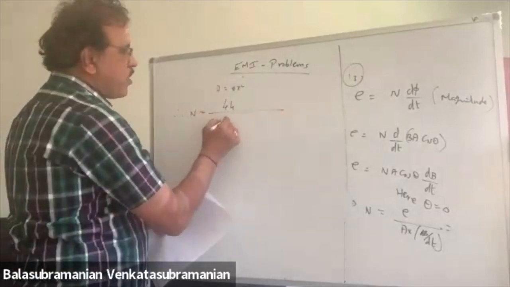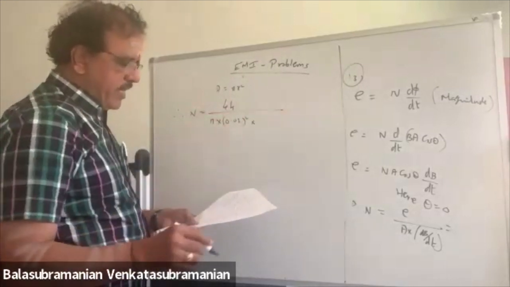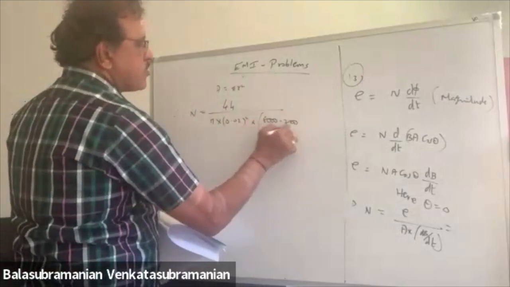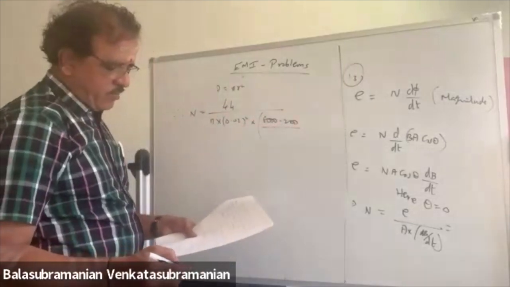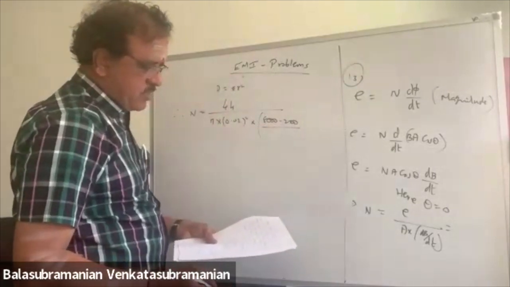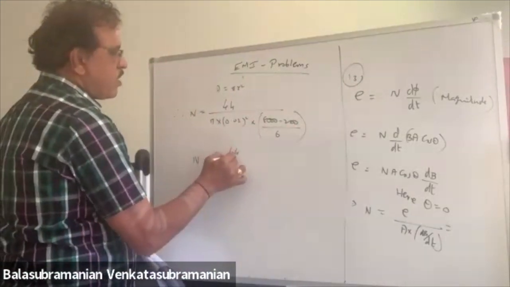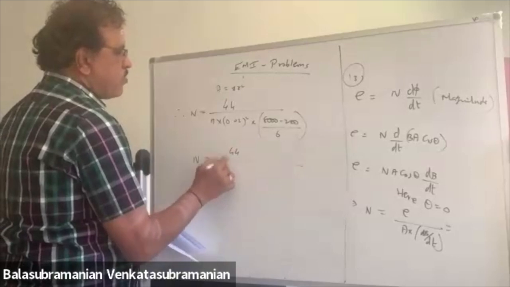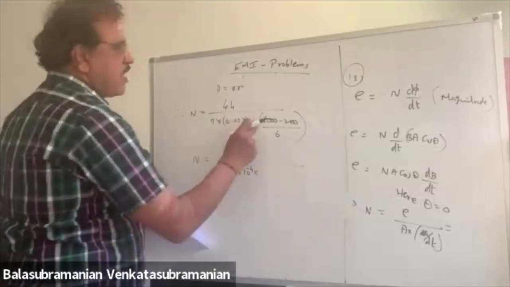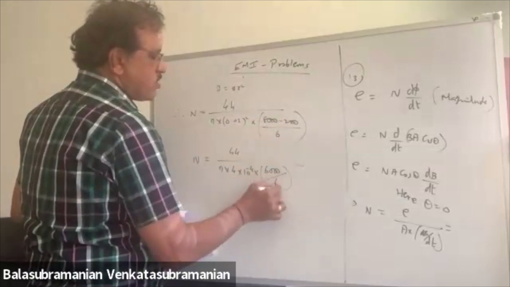Radius is 0.02, the whole square, into dB by dt. That is 8,000 minus 2,000 by time taken. What is the value? 6 seconds. So N is equal to 44 by pi into 2 square, which is 4 into 10 power minus 4. 8,000 minus 2,000 is 6,000 by 6. So 1,000.